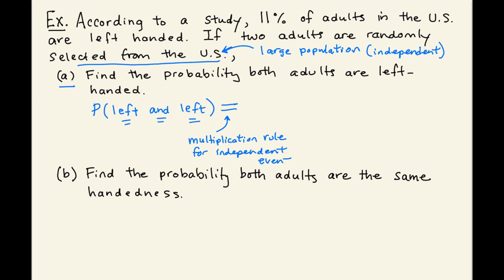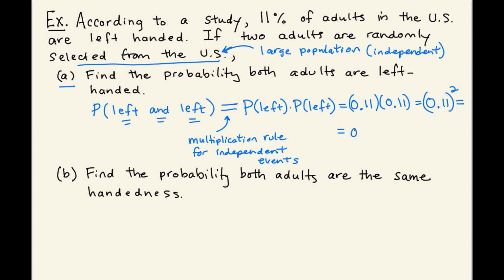And that tells me that this probability, the probability of both individuals being left-handed, is equal to the probability of the first person being left-handed times the probability of the second person being left-handed. And in this case, we know that that is 0.11 times 0.11, which is equal to 0.11 squared, which is equal to 0.0121.